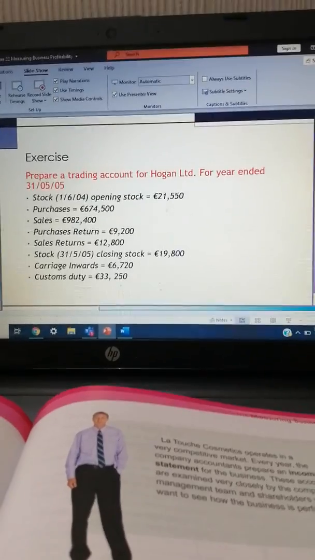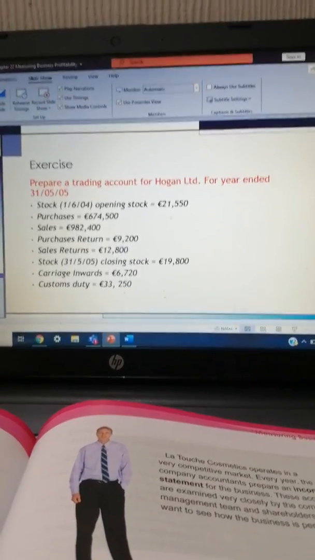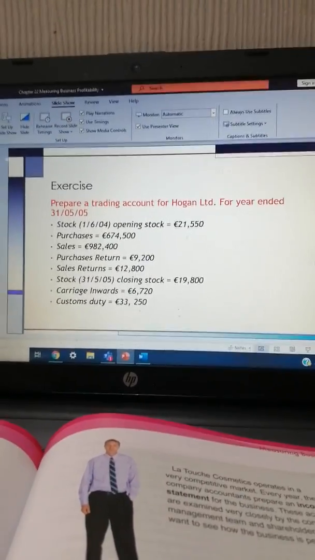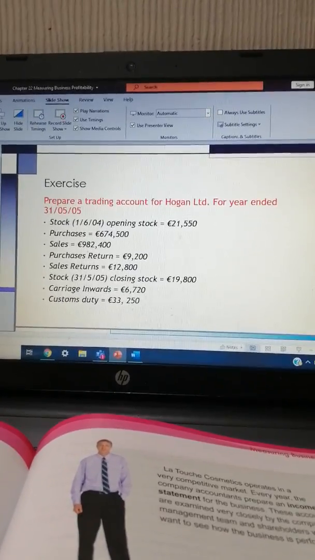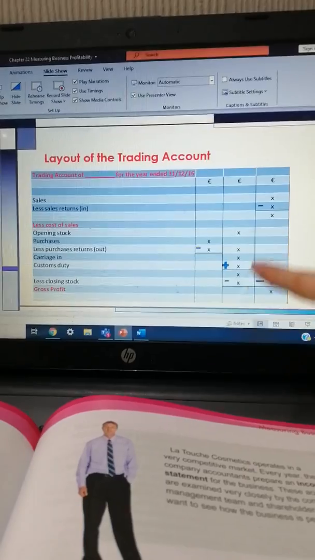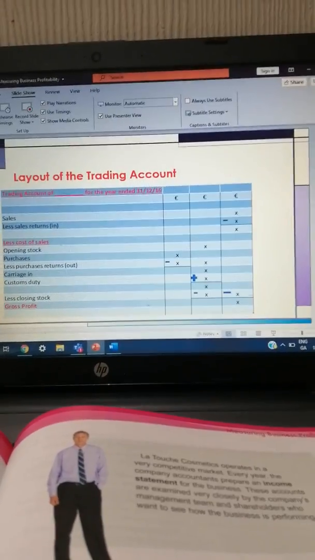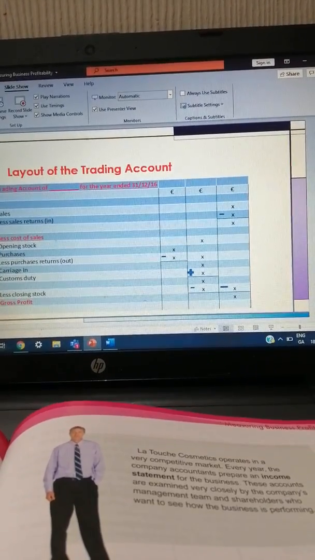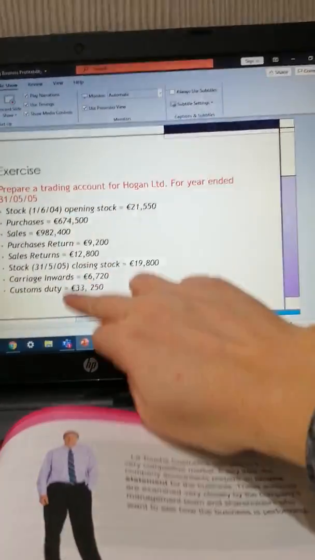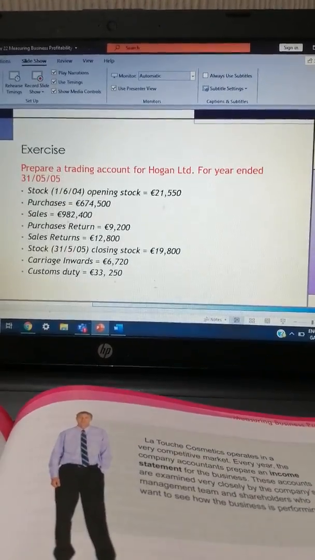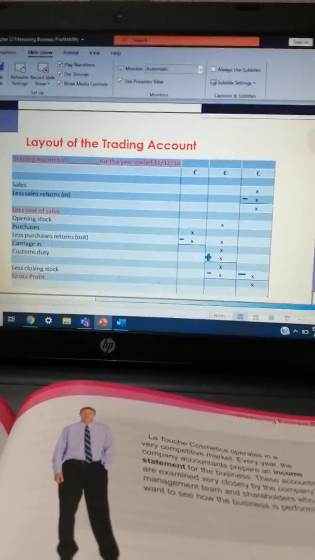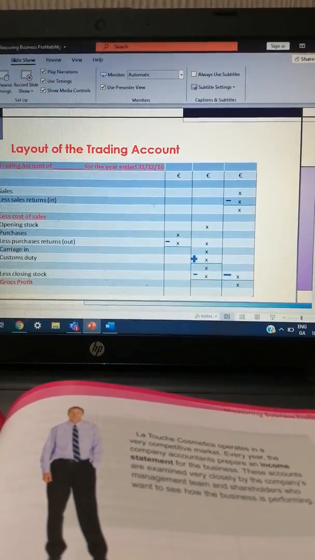Then when you have slides 1 to 10 written out, I want you to try and do a trading account yourself. You go and draw the layout like it is here, the same way, but what you're going to be putting in are these figures. So what I want you to do is basically do a trading account like this, but using these figures.